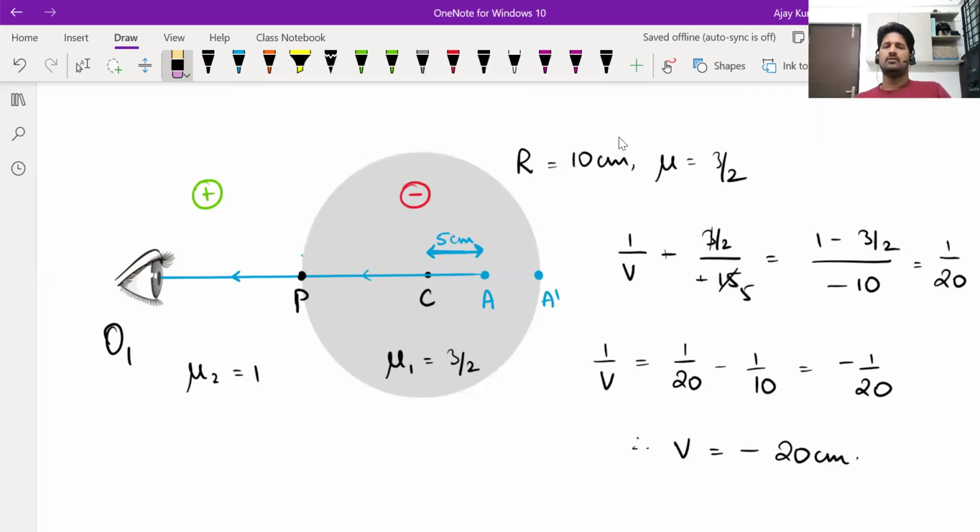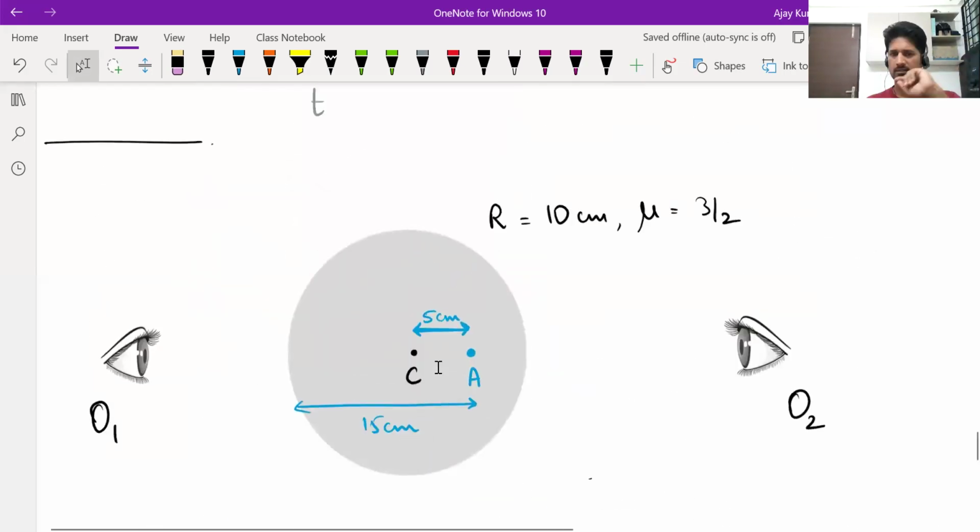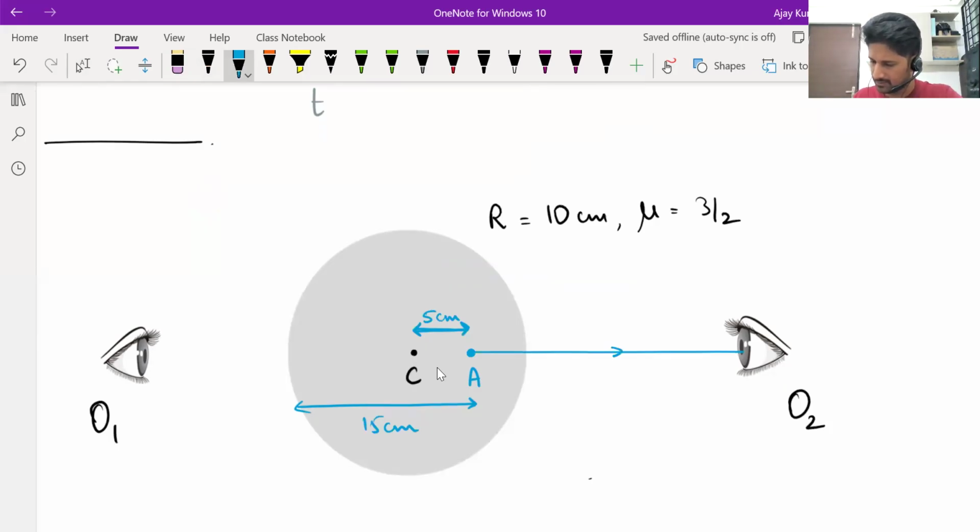In a similar manner, you can find out where that particle or the dot appears to be when seen by the other observer. But let's do a rough ray tracing first, just to find out whether it appears closer or farther. One ray travels straight towards the observer like this. Another ray, roughly if you take it this way, the normal is like this.